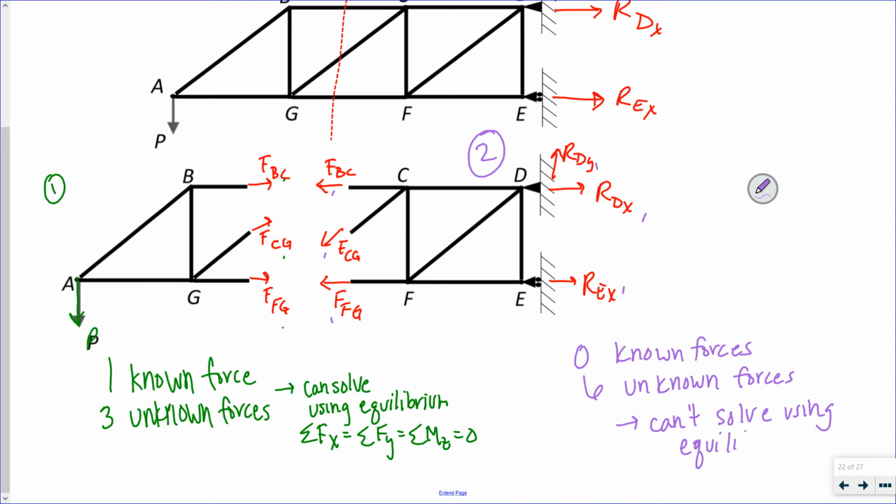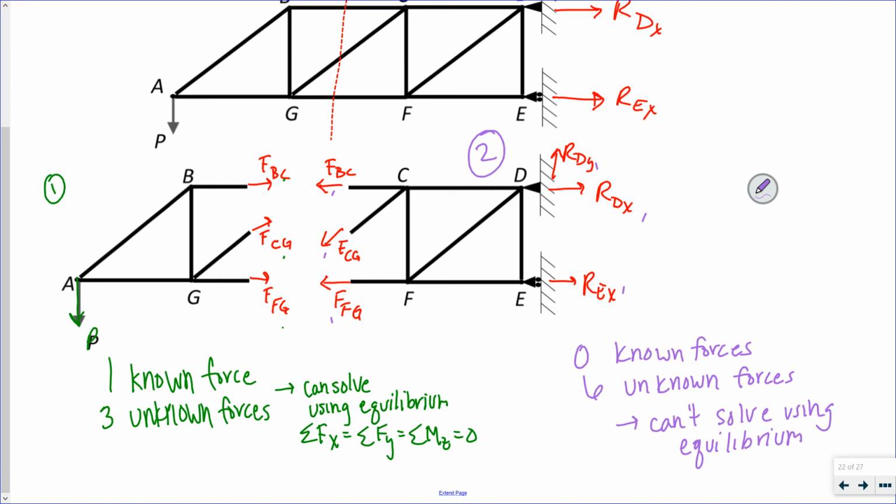Now what I could do, if you're thinking about, oh, what would my strategy be? Well, I could solve section 1, and then I know those 3 member forces, and they would transfer over to section 2. So then I only have the 3 unknowns being my reactions. And there you go, I have 3 unknowns.